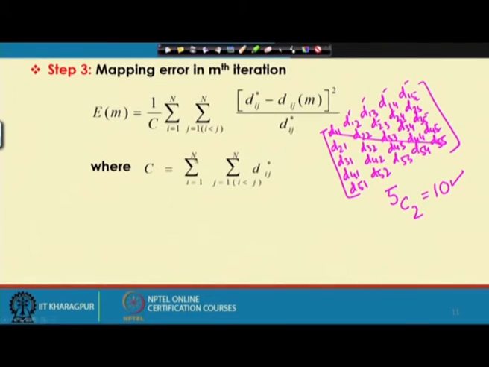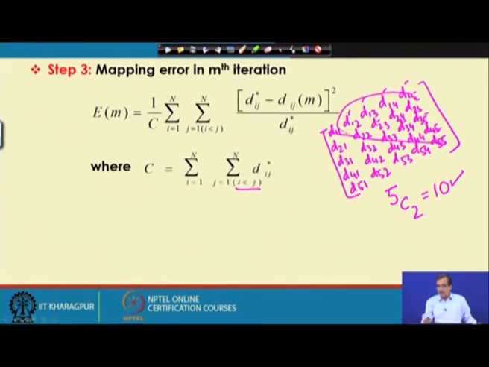So, C is nothing but summation i equals to 1 to n, summation j equals to 1 to n with the condition i is less than j. The moment I put i is less than j, I am just going to consider only one side of this principal diagonal of this matrix, and we can find out the sum of these distance values.